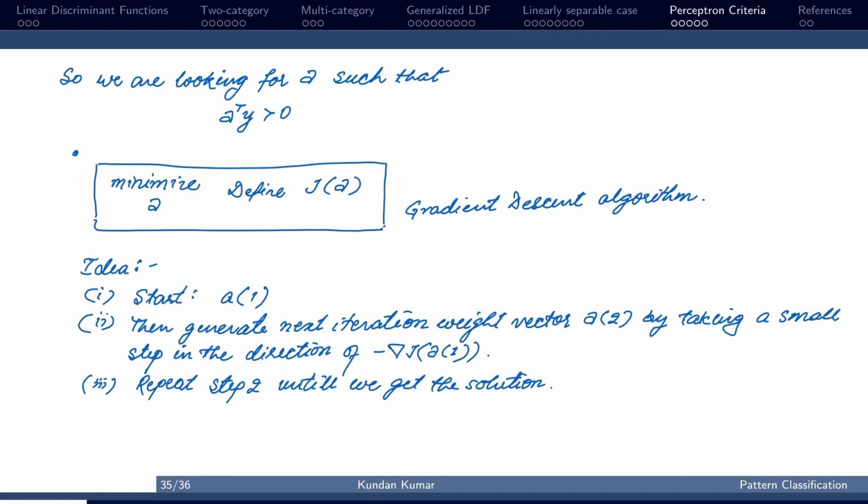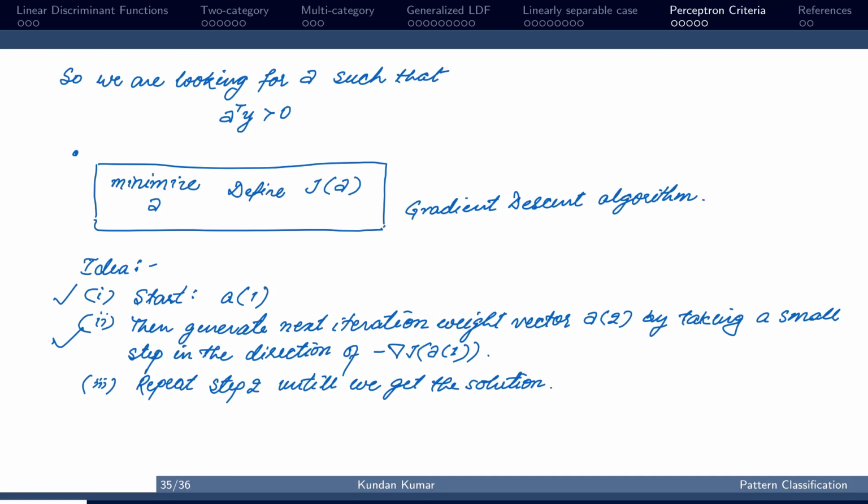So here the idea is very simple: first we initialize with some random weight, and then we generate the next iteration weight vector by making a small change in the direction of the negative gradient of the criteria function, and this step will repeat until we get the solution.